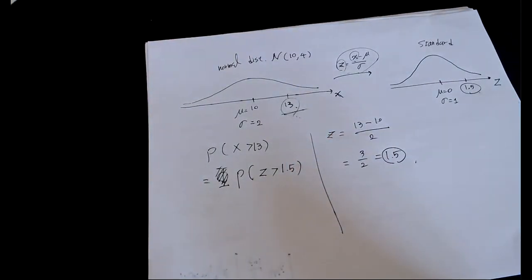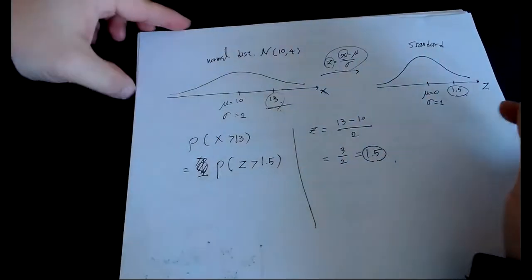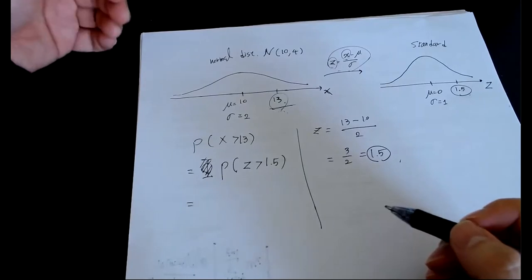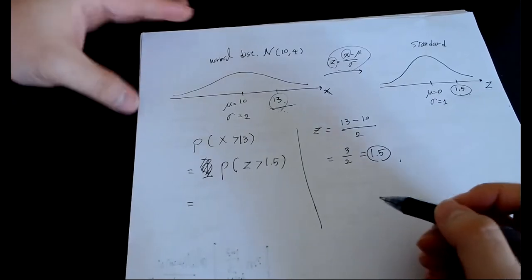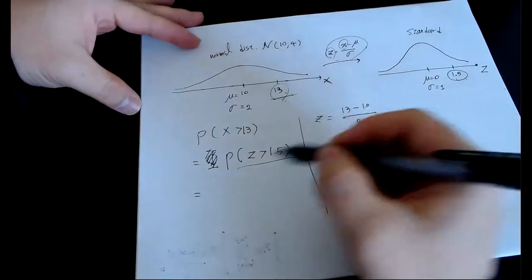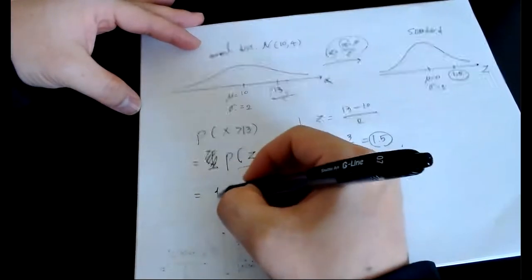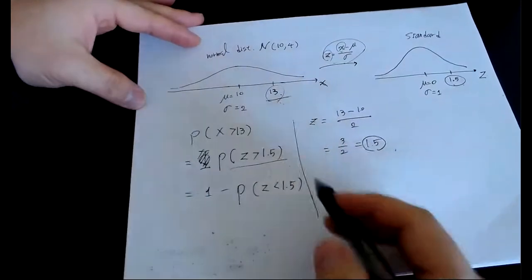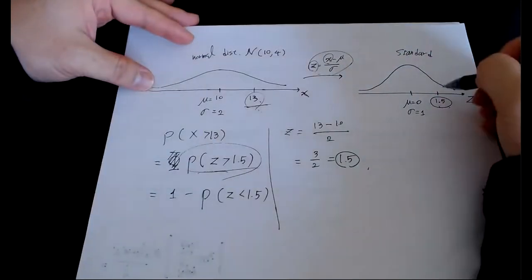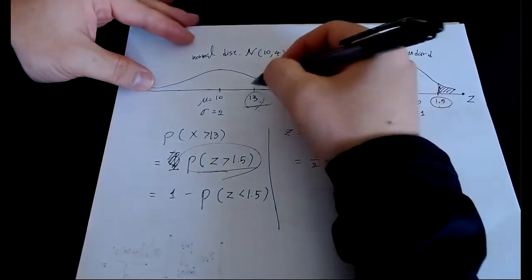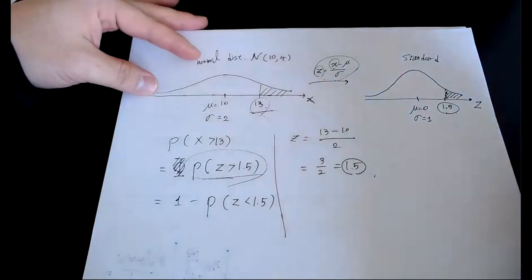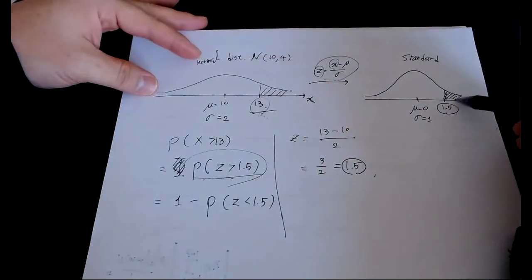Now you can use the table in the appendix in your textbook to figure out this one, or just use the rule for complement, which is 1 minus the probability that Z is less than or equal to 1.5. So Z is greater than 1.5 right there. The area under the graph of the normal distribution from 13 to infinity is equal to the area under the graph of the standard normal distribution from 1.5 to infinity.